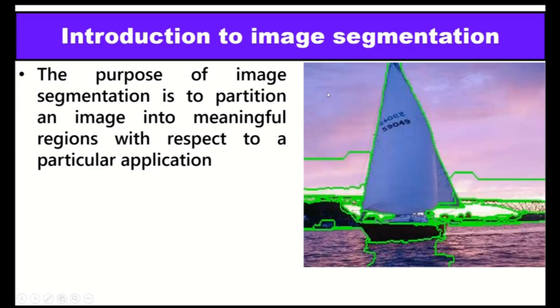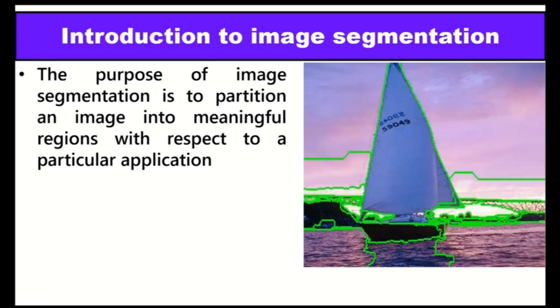Then this area is not useful, this area is not useful, water is not useful, seashore is not useful. So we have to reach this triangular area and scan the triangular area where the text is highlighted. Suppose a race is going on and we want to detect who is first. To identify this, we have to reach this area. So we are dividing all this area.